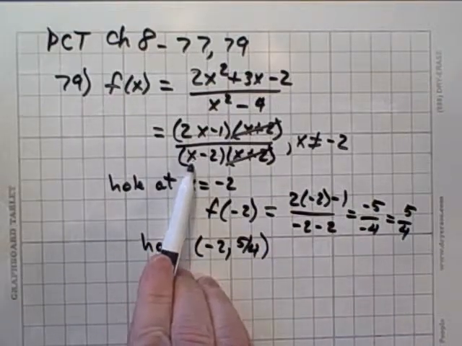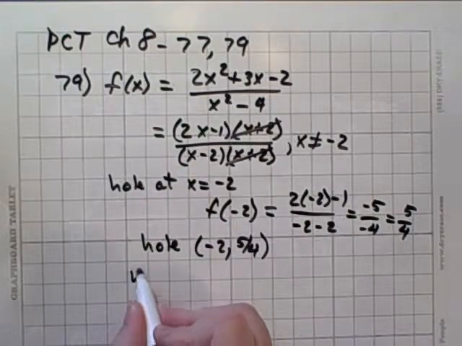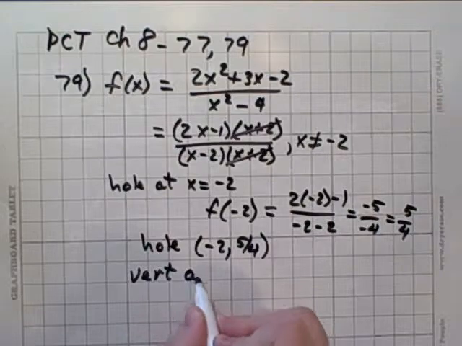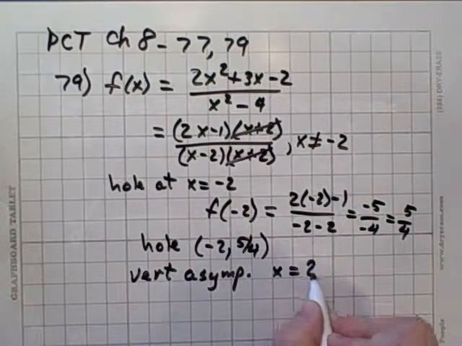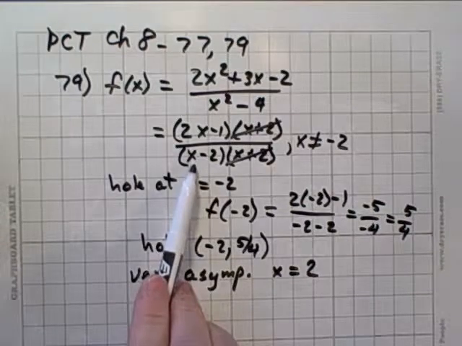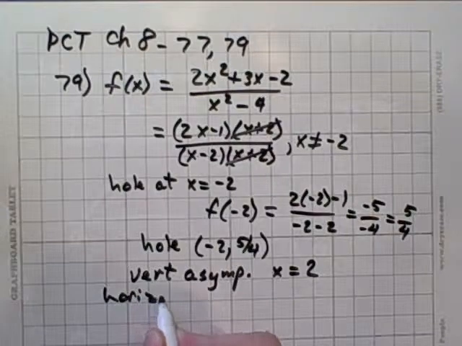And once again, the other trait we could tell immediately is that at 2 there's a vertical asymptote. And so x equals 2 is the equation of that vertical asymptote. The horizontal asymptote we would determine with the limit.